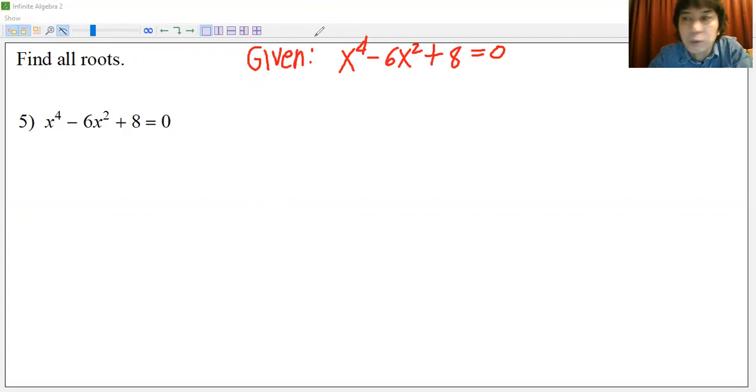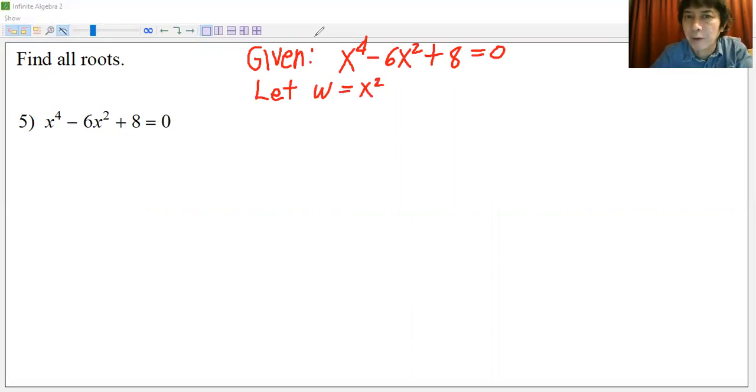Again, this is similar to the previous 4 problems in which we can use a letter for substitution. Let's go back to our w, okay? Let w equal x squared.